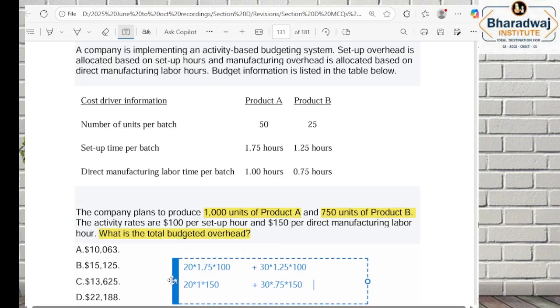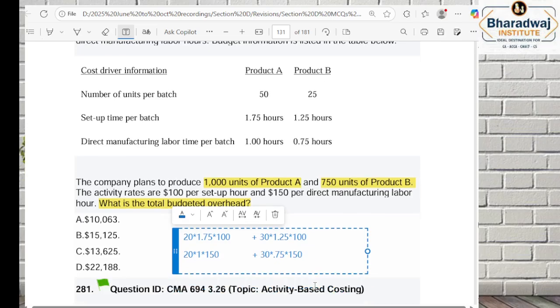What is the total you are getting? The working is correct, right? Yes sir. 13,625 should be the correct answer. Let me check once, 1 minute. Correct, 13,625.